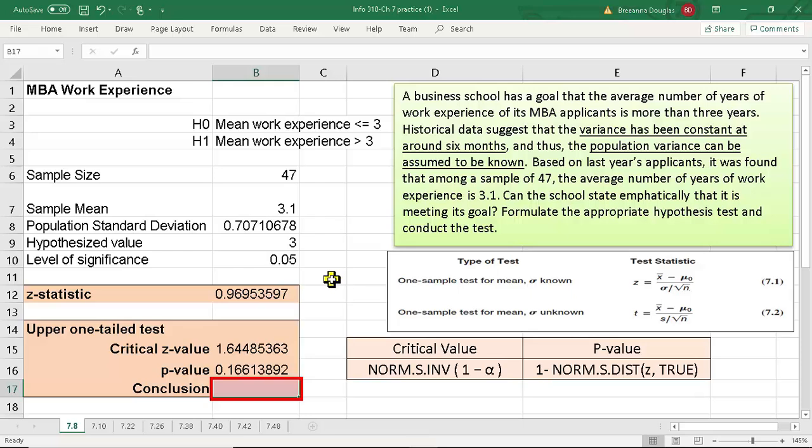Since our z-test statistic of 0.97 is less than our critical value of 1.645, we will fail to reject the null hypothesis.